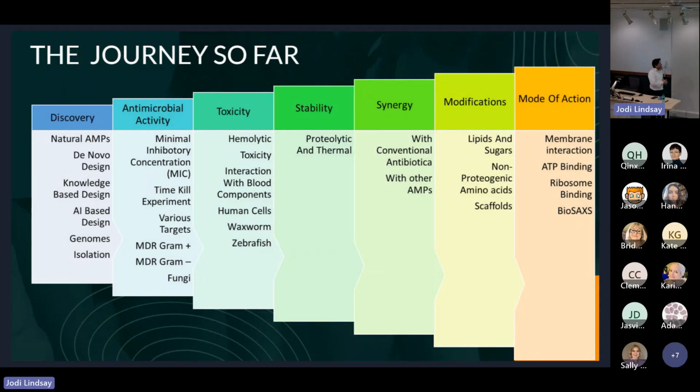So what have we done so far in the last 20 years? I started off actually with natural peptides that I optimized, and then I started de novo designs, which wasn't really so successful, and then switched to knowledge-based design, which was really good.